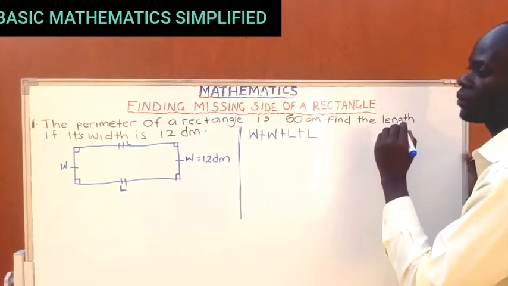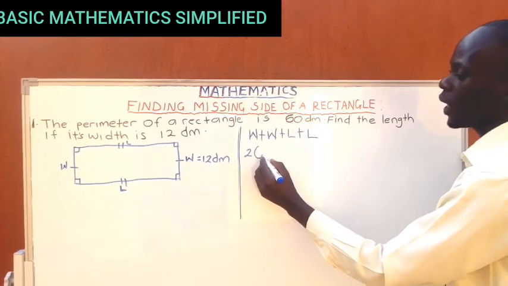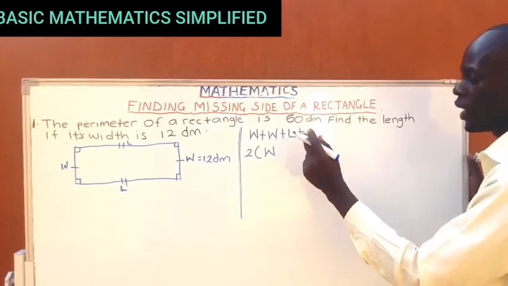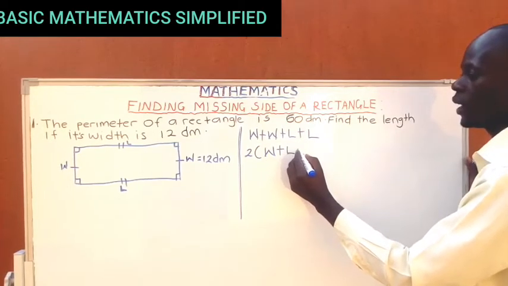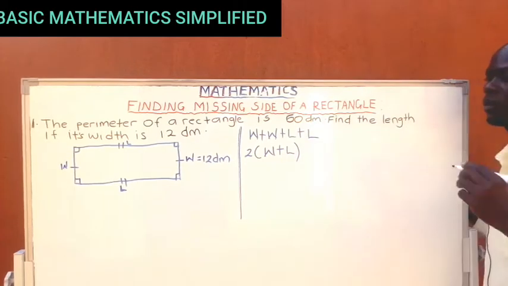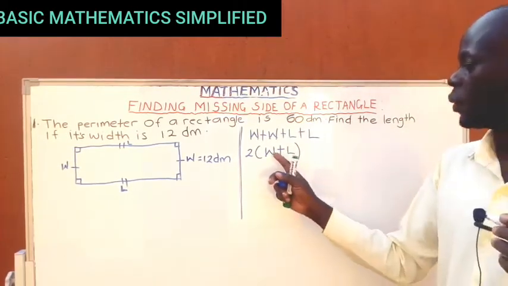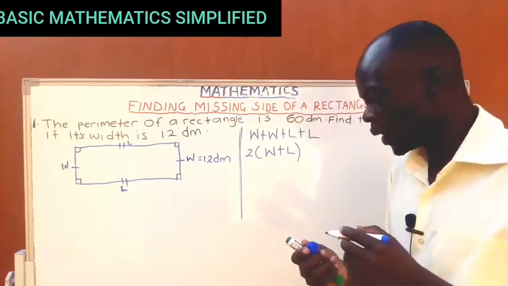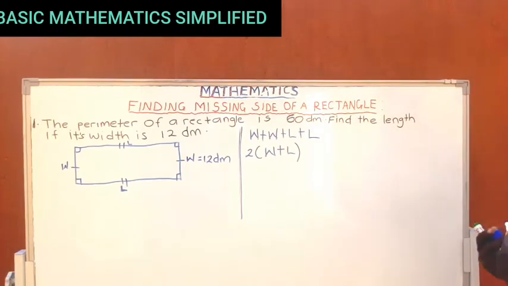There are two widths here, so since there are 2, we also have 2 lengths. Some people say length plus width, others say width plus length, depending on where you have moved from. But we can use whatever you feel is okay for you.